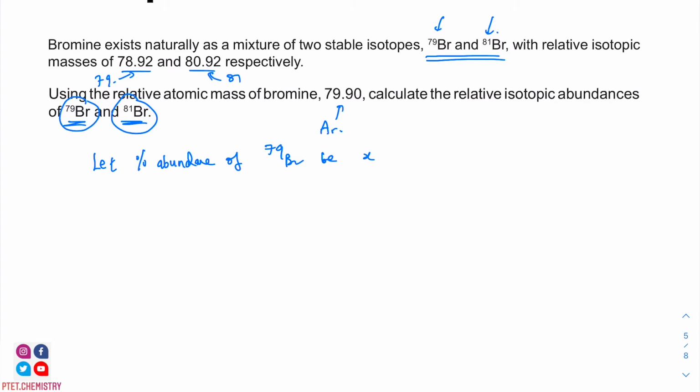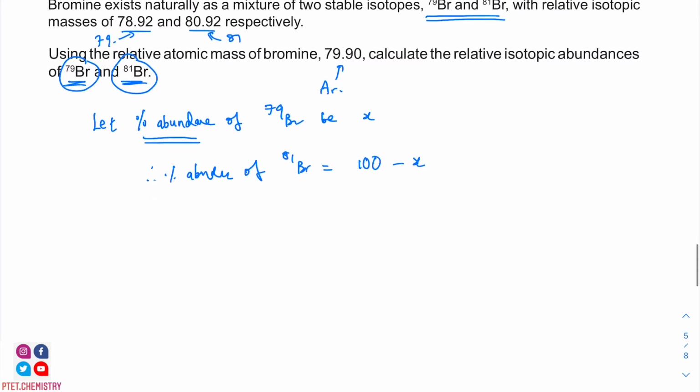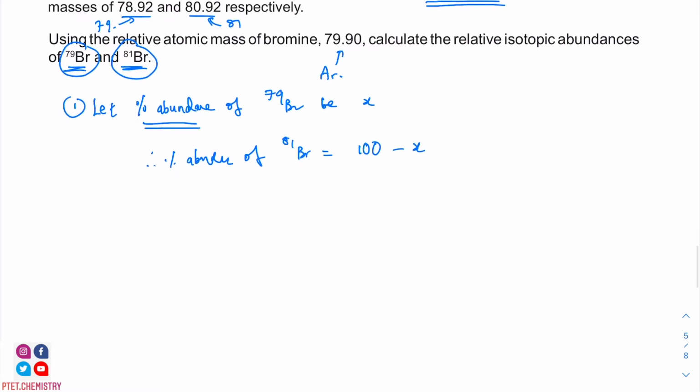Of course, but your algebra needs to be specified exactly so that you yourself are not confused, all right? Because I'm talking about percentage abundance, therefore the percentage abundance of 81 bromine is going to be the total percentage minus that. Remember, we want both the isotopic abundances, okay? We want both of them.